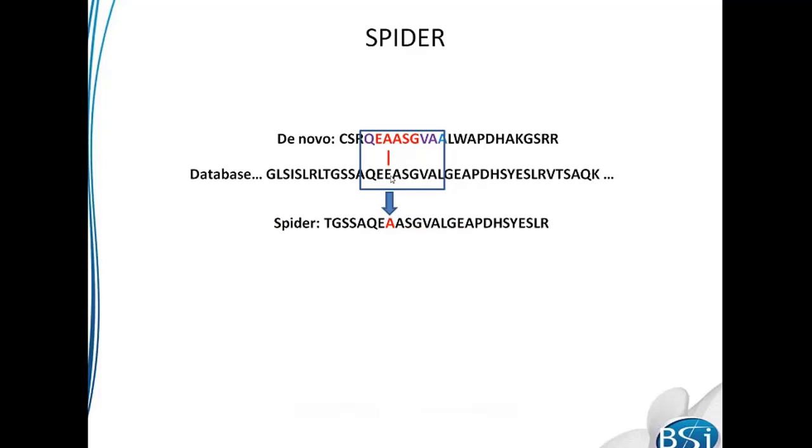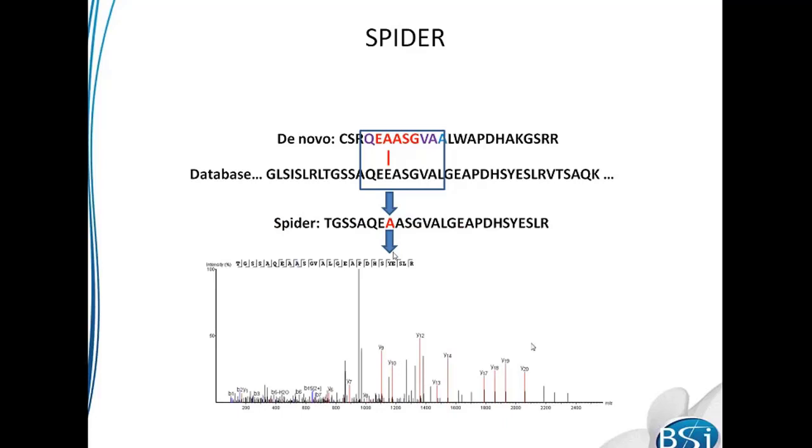So SPIDER will consider all that information and make a call, based on what it can see from the database match and the Denovo sequencing match, what the most likely amino acid is at that particular position. And it's actually able to find single amino acid variants and still stay within a 1% FDR, and combine those results with your traditional database search results. Then it compares your SPIDER result to the actual spectrum, does a peptide spectrum match, and if that's a good match to the spectrum, it will say, yeah, this can be included in the final result.